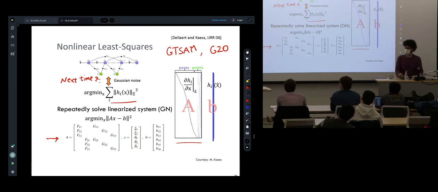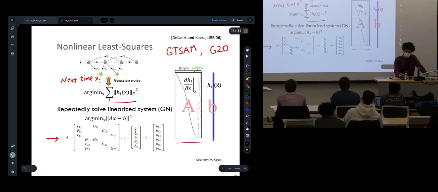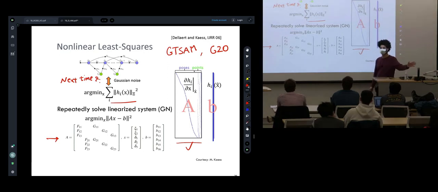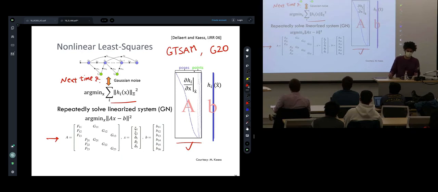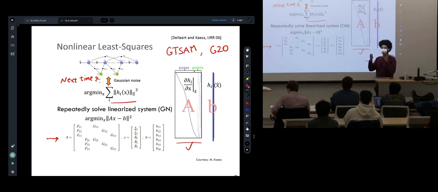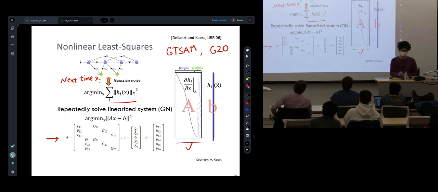So another natural question that you might ask is, what's the relationship between these matrices and the graph? The sparsity of this graph, the sparsity of the least squares problem, and the graphical model. It turns out there is a one-to-one correspondence. What we see in the linear algebra, although it's linearized, you can formulate the linear problem to see the correspondences, that the graph structure is exactly describing the fill-in that you see in this Jacobian matrix.